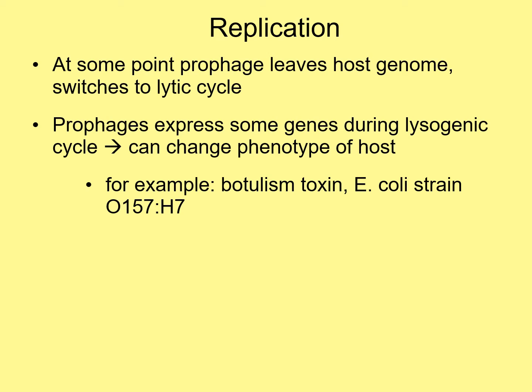So the virus is hiding its DNA inside the bacterial DNA, and the bacteria doesn't know any better. It reads the instructions, it makes the protein product. Unfortunately, the protein product is a toxin that's going to nastily affect not necessarily the E. coli, but the host of the E. coli, which is us, basically their environment that they live in. This toxin builds up and it causes severe illness. Botulism is another example of a strain of bacteria that was infected with a virus, and it now produces botulinum toxin, which causes paralysis.